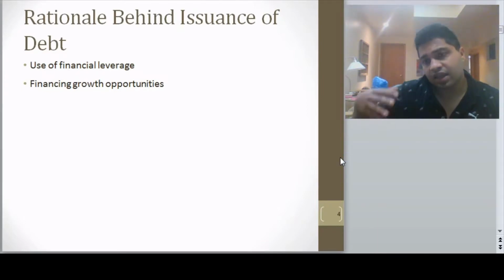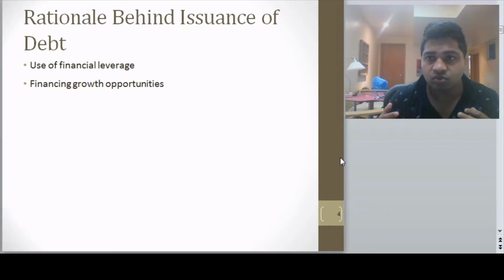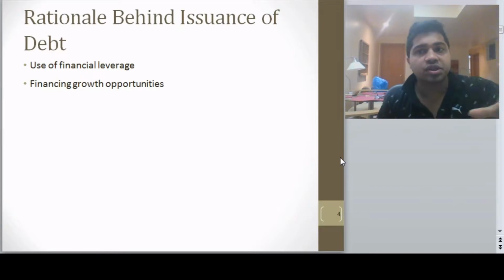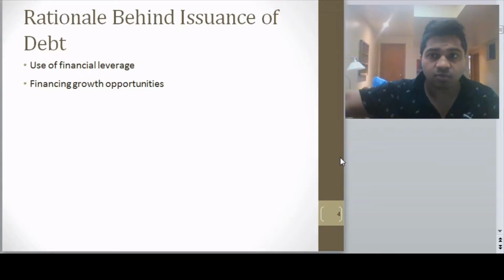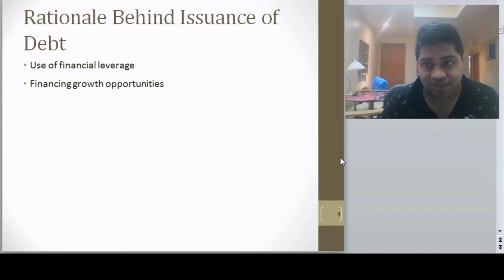For example, if I'm running a project and I expect my return on investment to be 9%, and to start this project I raise money by issuing bonds at 4%, I'm going to get a 9% rate of return and pay 4% to my bondholders. So in this case I would have financial leverage.